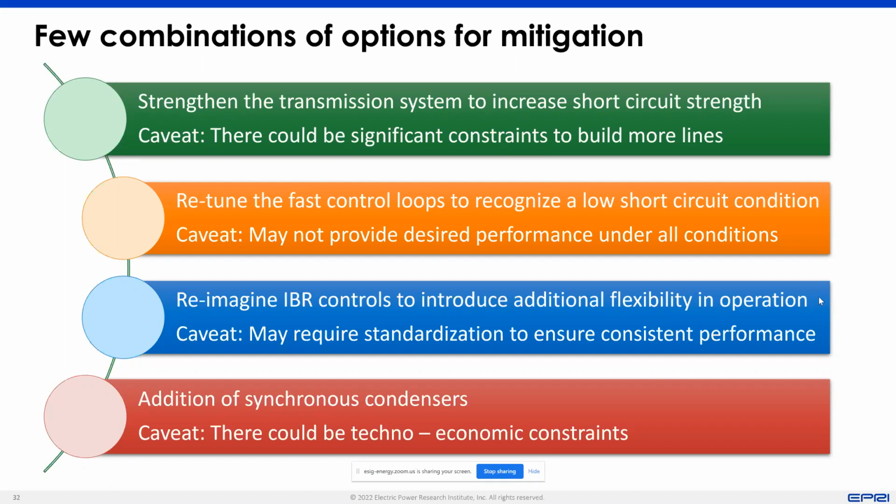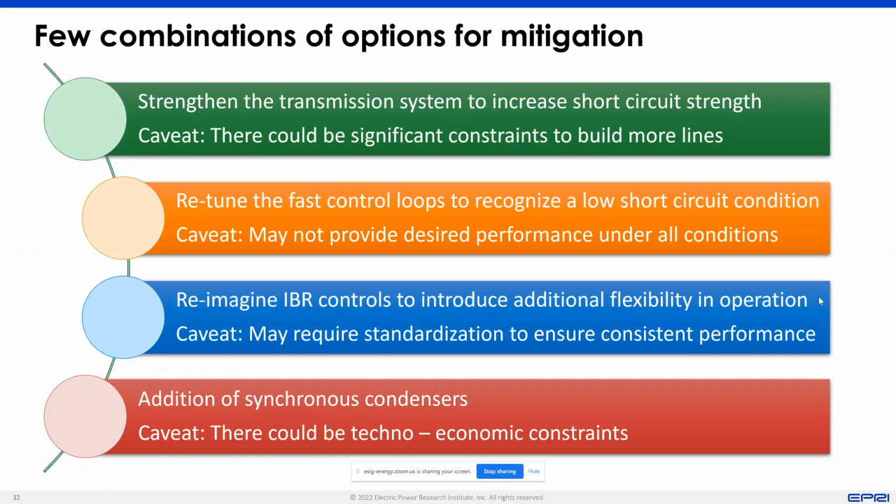Things like strengthening the transmission lines, retuning control loops, reimagining the way in which controls are done, looking at synchronous condenser operation, and so on. Each of them have their pros and cons. Again, none of these solutions are going to be a one-size-fits-all solution.